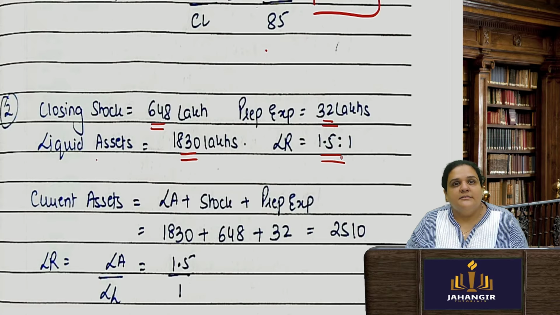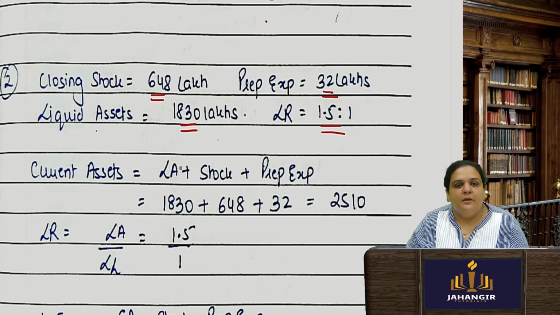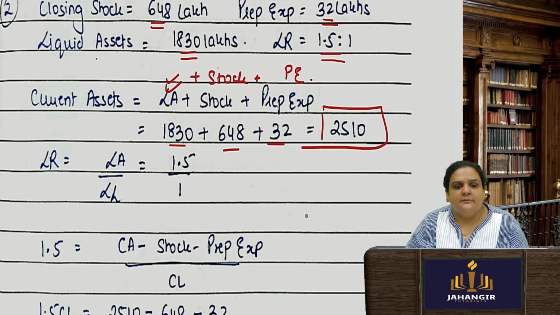Okay. Now, what is current assets? Current assets will be all your liquid assets plus your stock plus your prepaid expense. So liquid assets is given, stock is given, prepaid expense given. I got my total current assets. Now, I'll put this ratio. Liquid ratio is liquid assets upon liquid liabilities, which is equal to 1.5 is to 1.